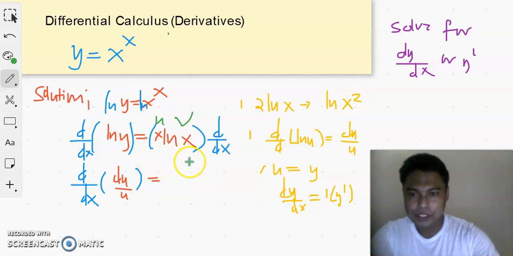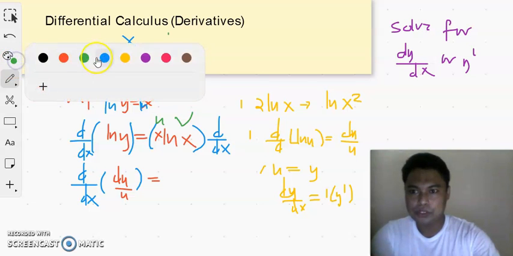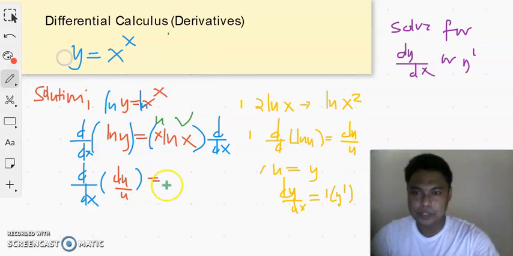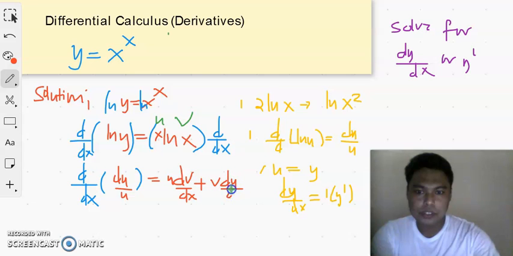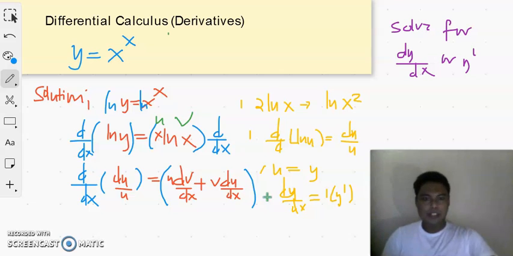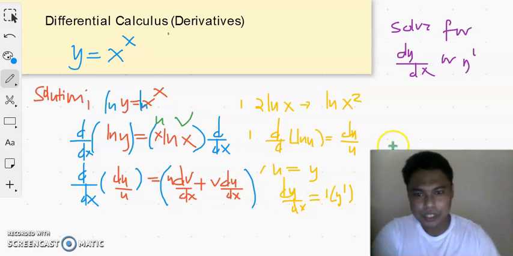So this is the formula for the product of derivatives: u dv over dx plus v du over dx.